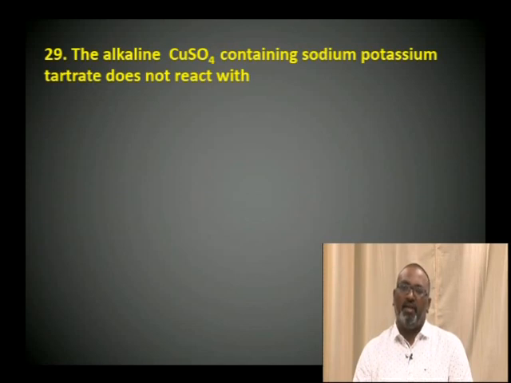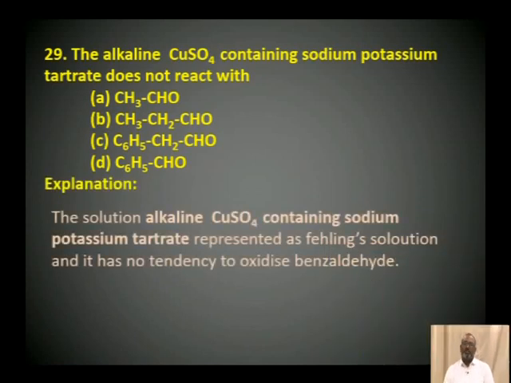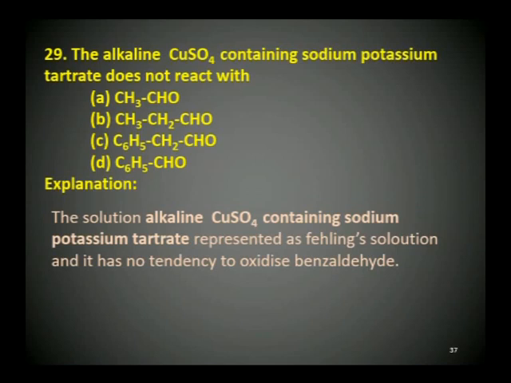Alkaline copper sulfate is called Fehling's A, and sodium potassium tartrate is called Fehling's B. The mixture of Fehling's A and Fehling's B together is called Fehling's solution. The options are acetaldehyde, ethanal, propanal, C6H5CH2CHO, and C6H5CHO. Fehling's solution has no tendency to oxidize benzaldehyde because it does not have an alpha carbon atom with alpha hydrogen, due to which the answer is D.